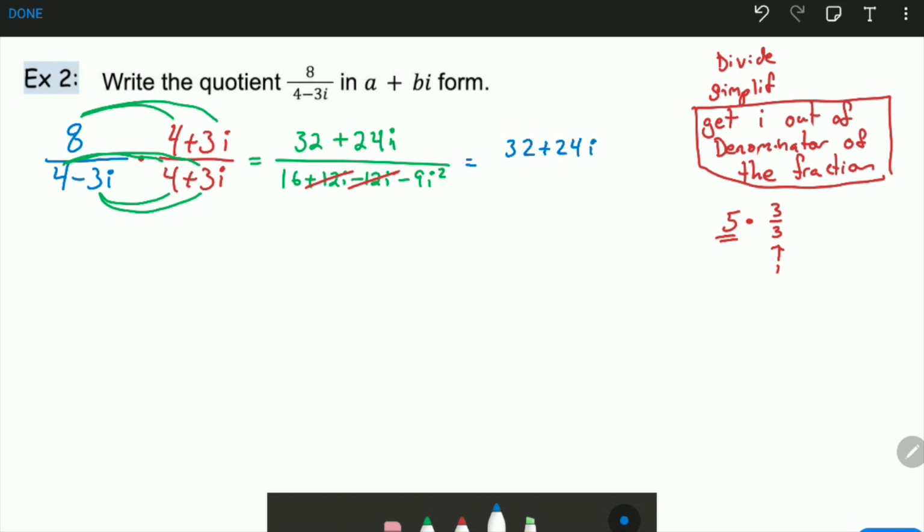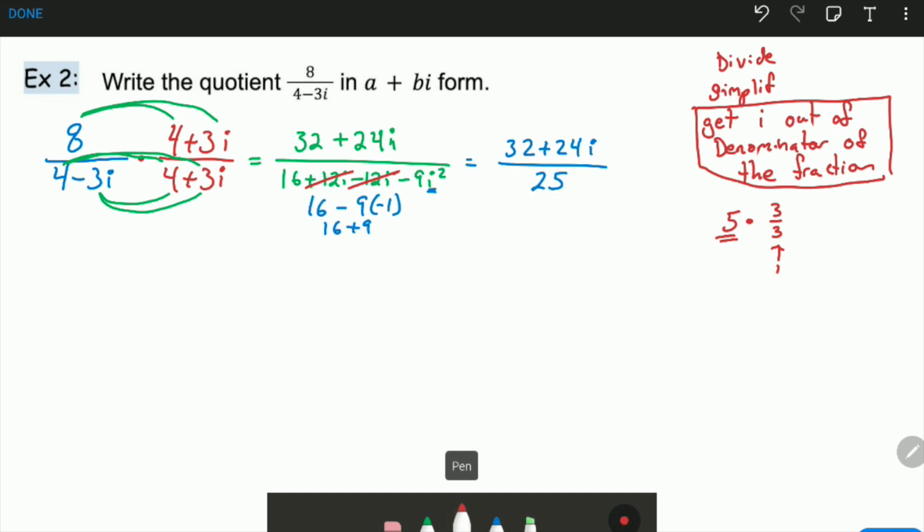I can't do anything with that right now. On the bottom, remember i squared means something, so we have 16 minus 9 times negative 1. Negative 9 times negative 1 is positive 9. So in the bottom, we really have 16 plus 9, which is 25.